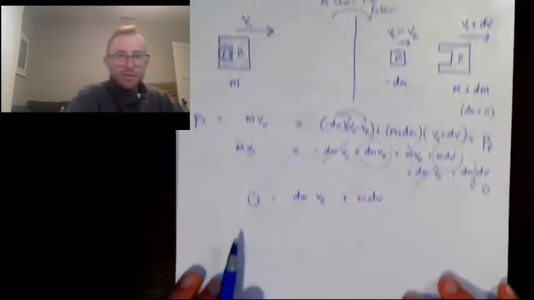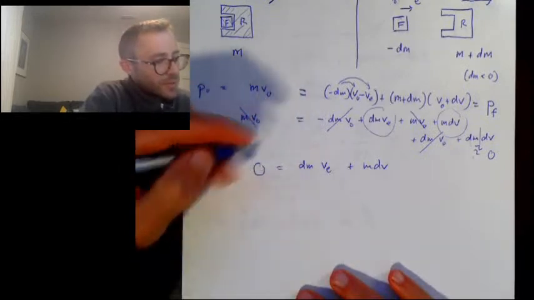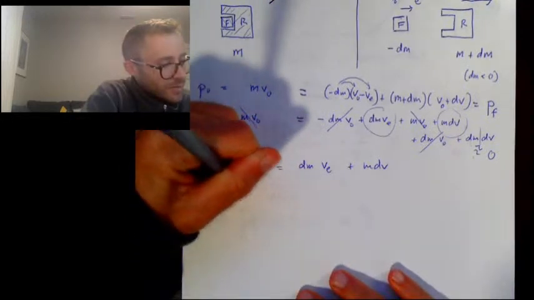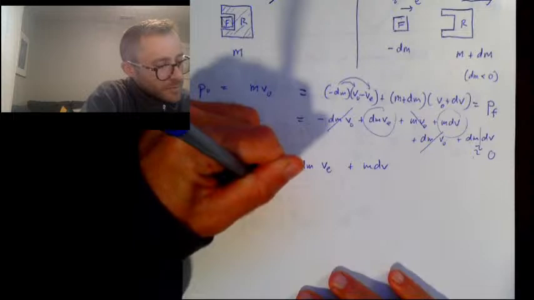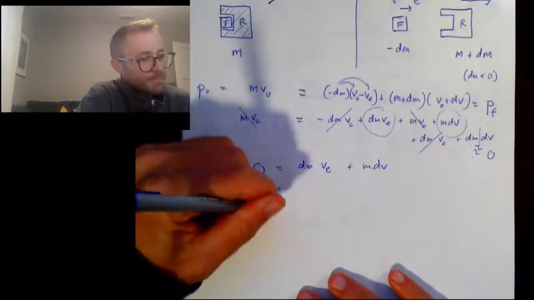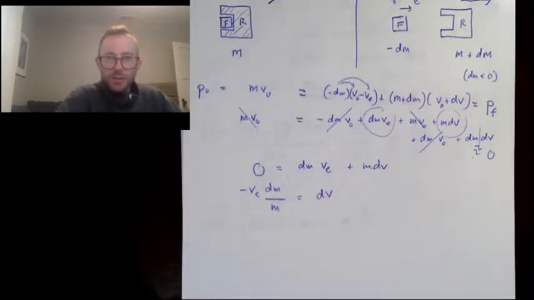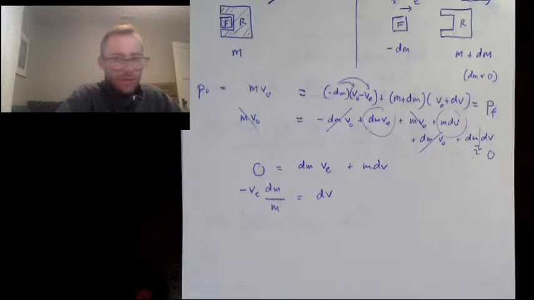I'm going to rearrange this equation. So we have minus dm times the velocity of the exhaust, and then I divide by m. So this is that equation rearranged.